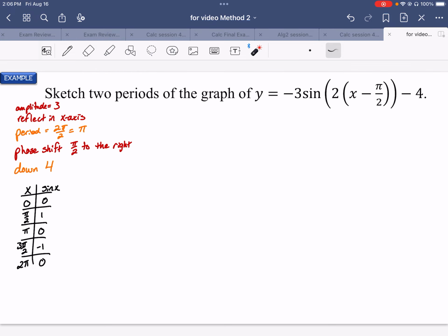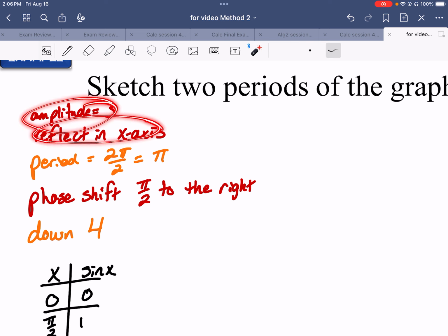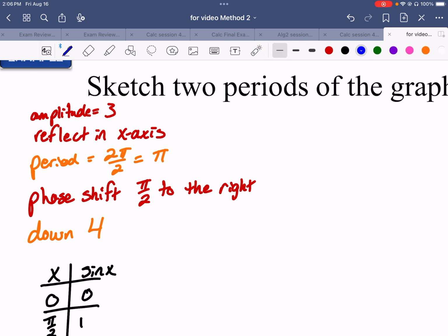All right, now looking at our transformations here, the amplitude and the reflection in the x-axis both affect the graph vertically. So what this means is the amplitude is 3, so that's a vertical dilation or vertical stretch.